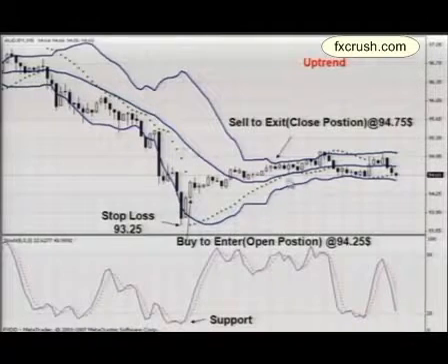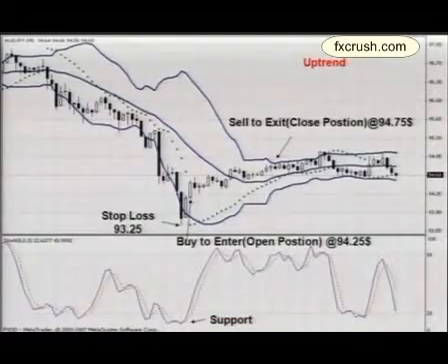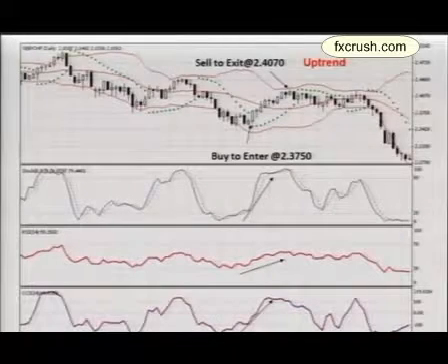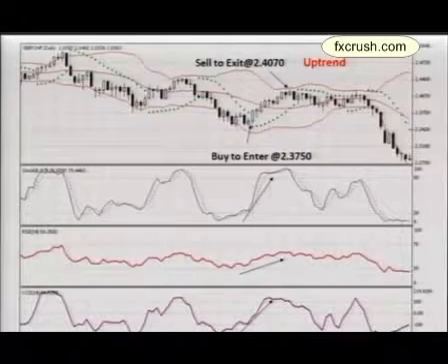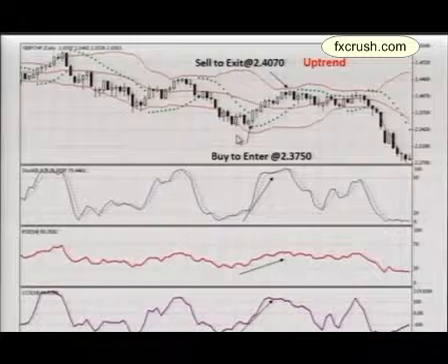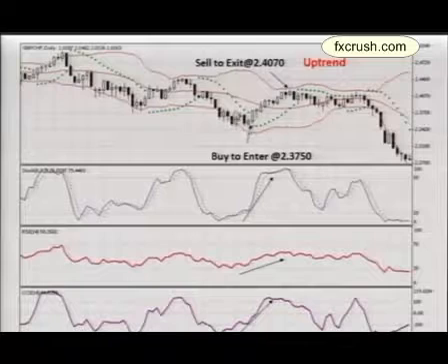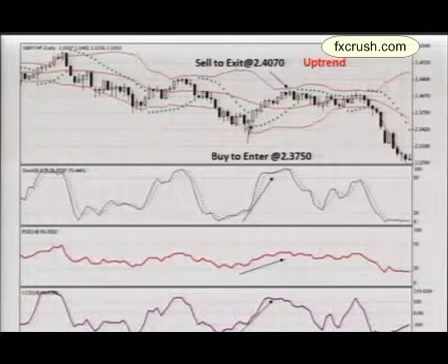Yeah? Now, let's take one more example. If you look at this chart, here, once again, if you look at the currency, is it close to the lower band? Yes.